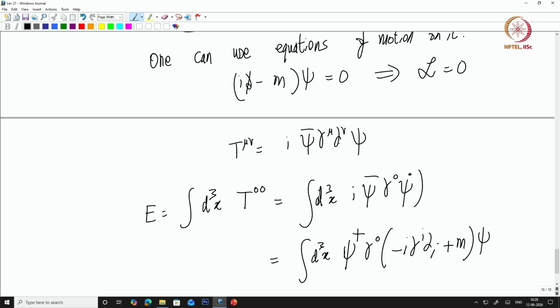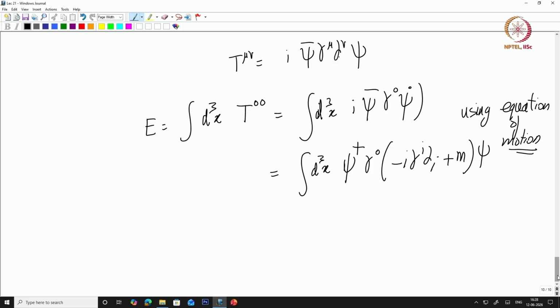This is the total energy of the system, which you can get using the equations of motion.